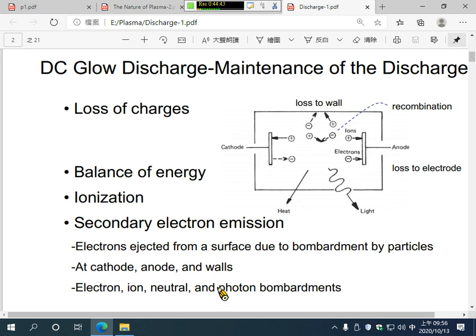So if you generate a plasma inside a system, here the left side is the cathode surface, right side is anode surface, and you might use a stainless steel chamber or glass chamber to confine the gases inside your system.